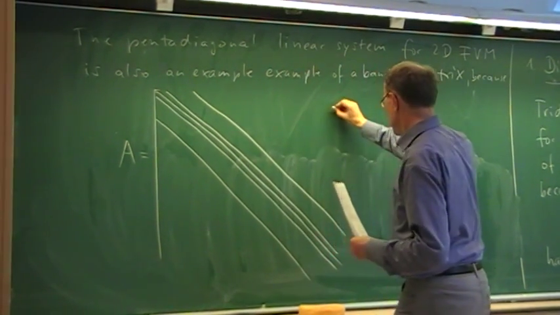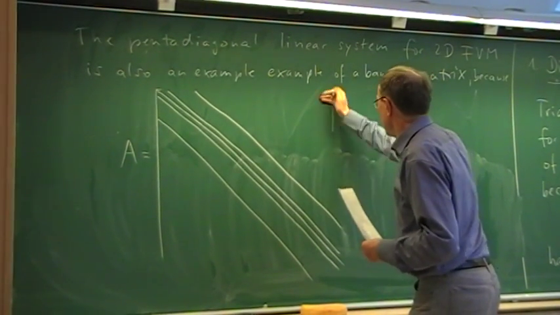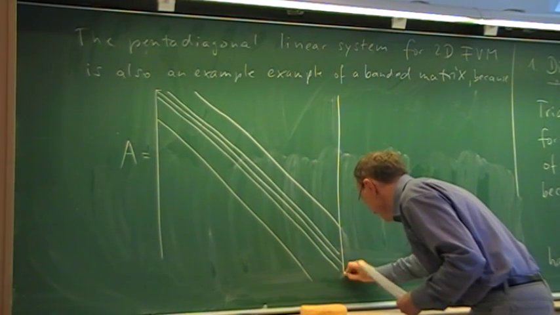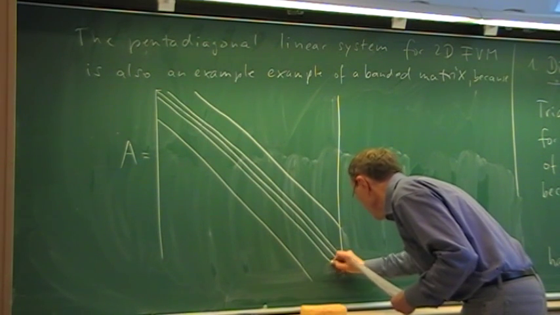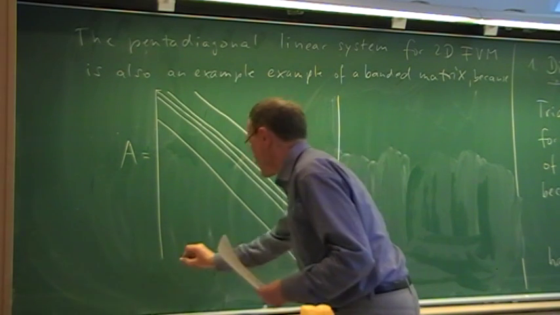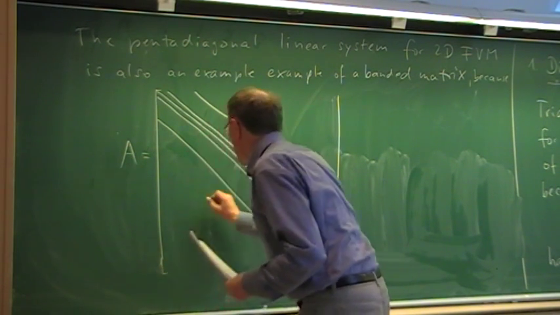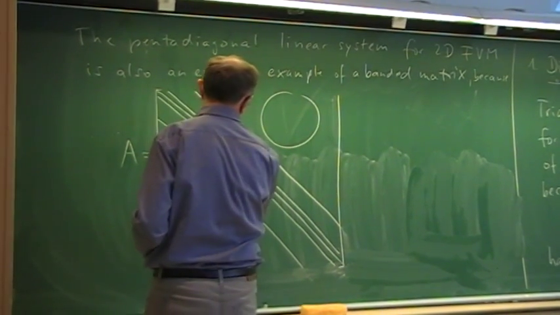So let's see that we close that here on the right properly. So then we have this, and here we have zeros, and also some zeros in between here.